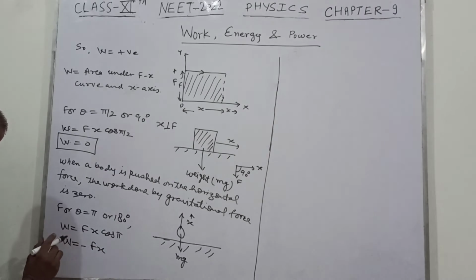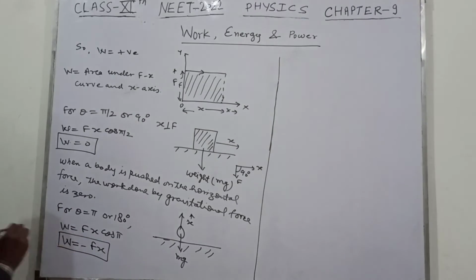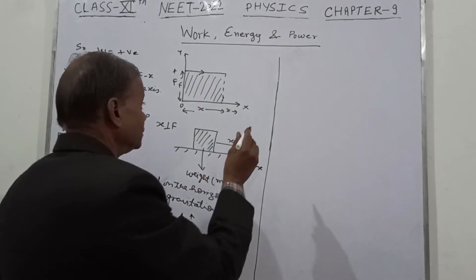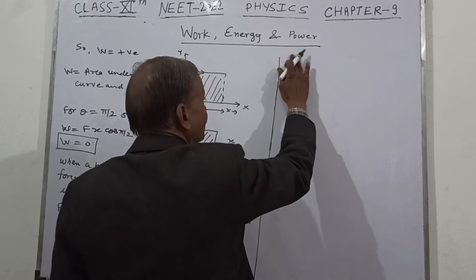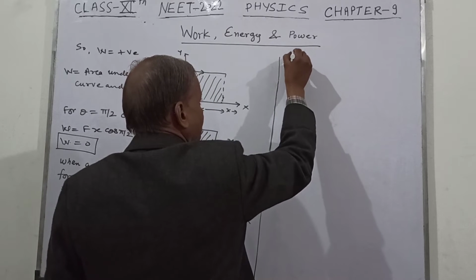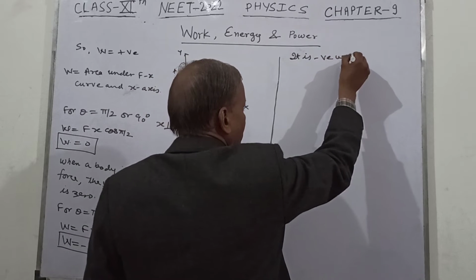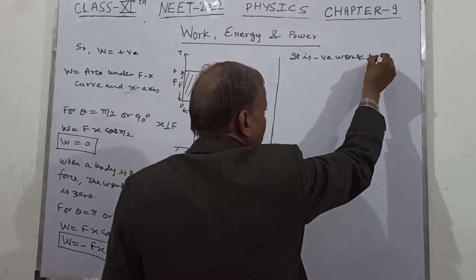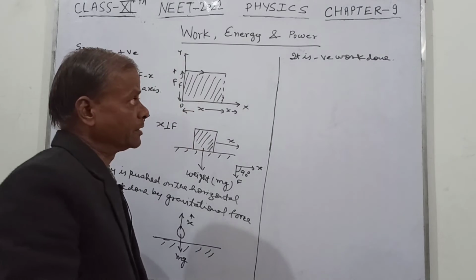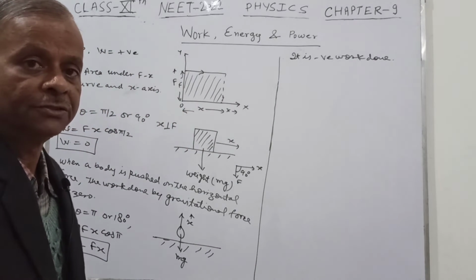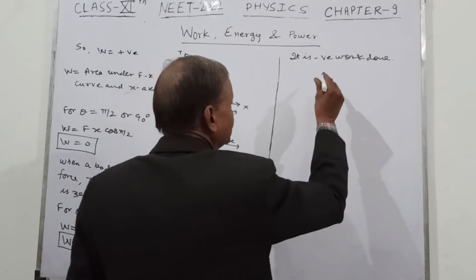This is a negative work done. It means that work done may be positive, negative and 0. So how to show this?